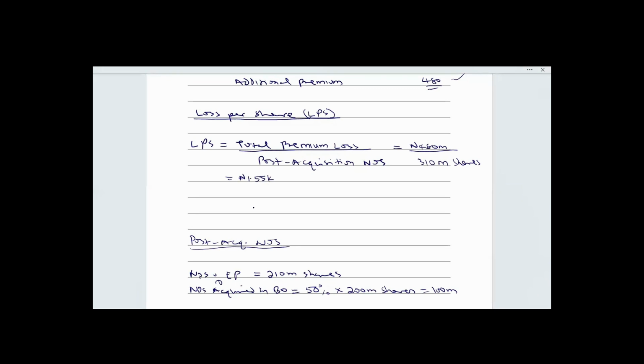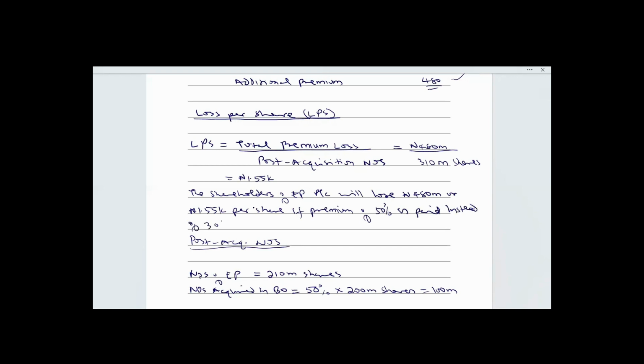So I can then say the impact is that the shareholders of EP PLC will lose 480 million naira, or 1 naira 55 kobo per share, if a premium of 50% is paid instead of 30%. That's the impact.